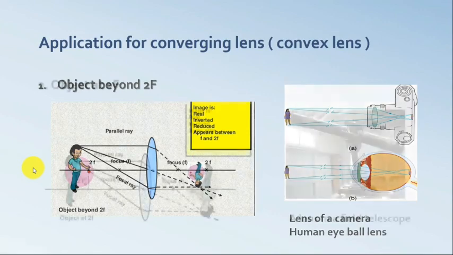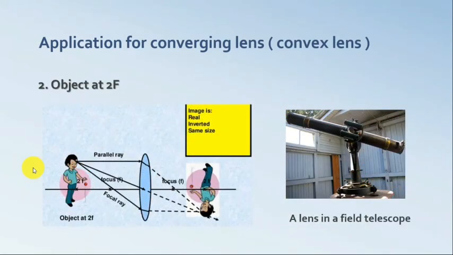Okay, the second example, if the object is at 2f, the image is at 2f, same size, inverted, and real. These are the properties. We have this lens in a field telescope. We call it a field telescope. Inside it we have so many lenses. One of them is in this case.